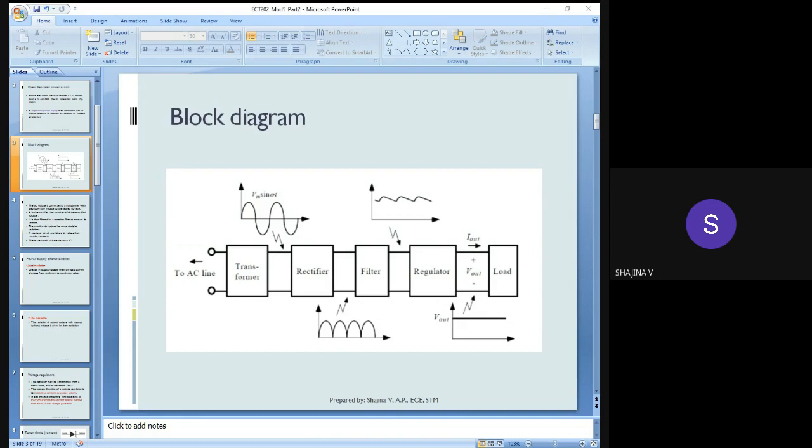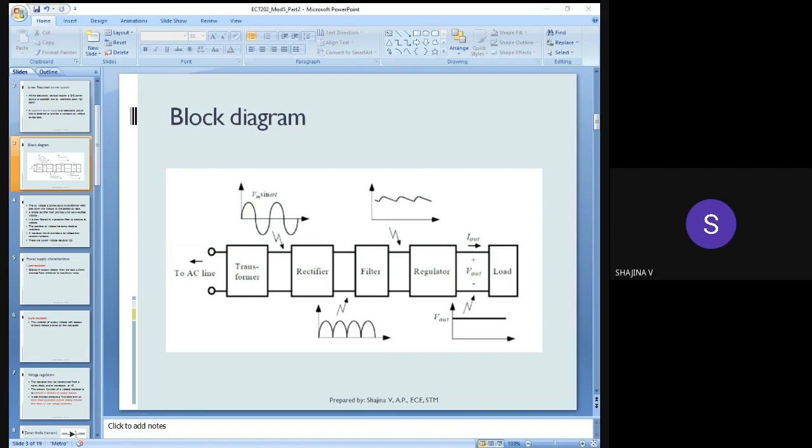The main function of the voltage regulator is to maintain a constant DC output voltage.